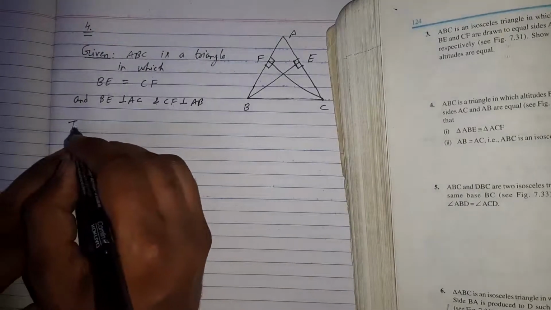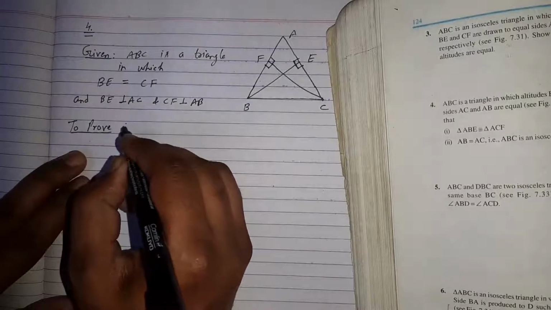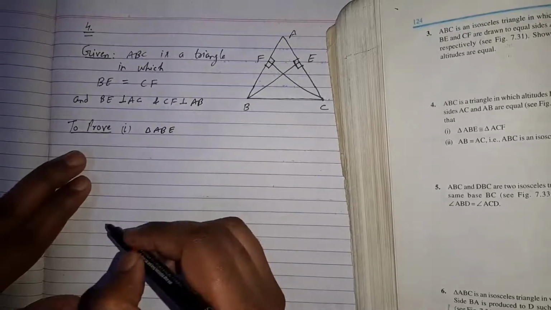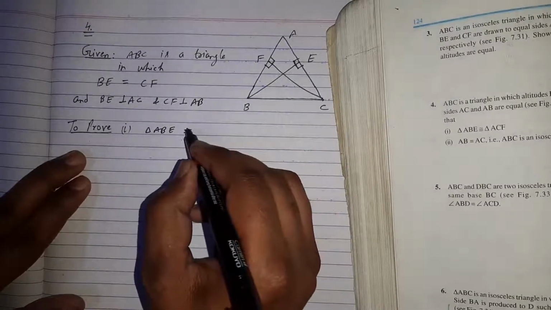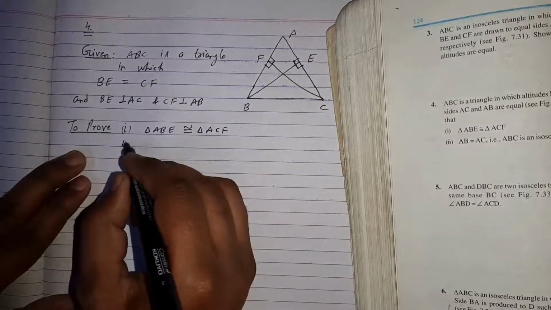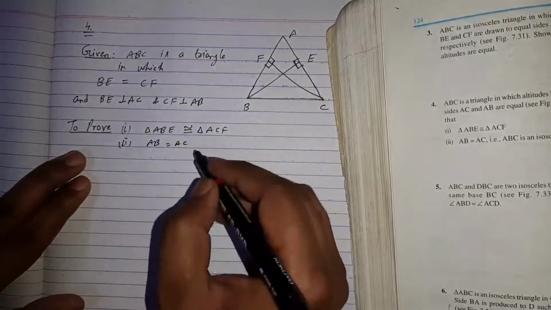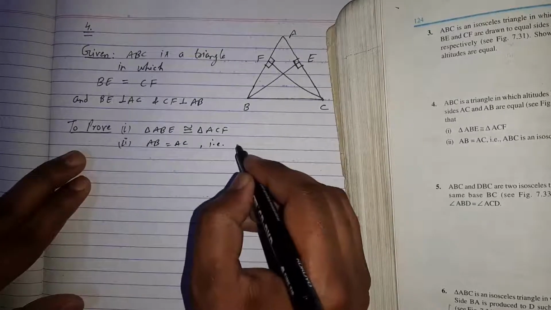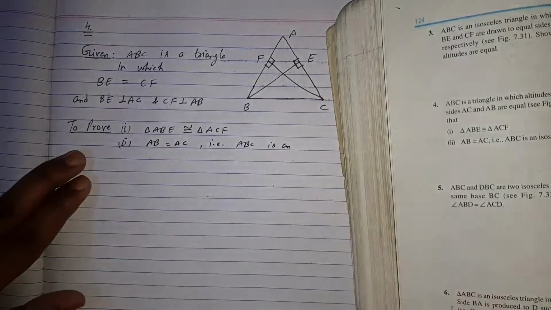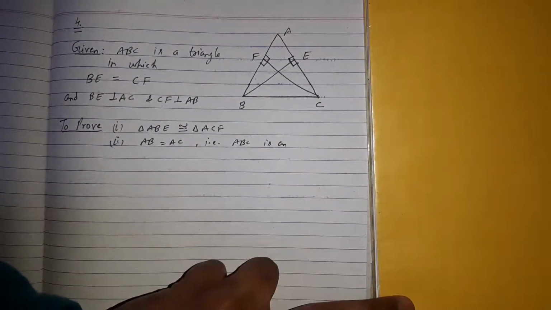We need to prove the two parts. The first part is triangle ABE is congruent to triangle ACF. The second part, AB is equal to AC, that is ABC is an isosceles triangle.